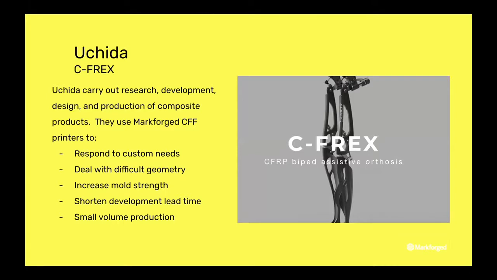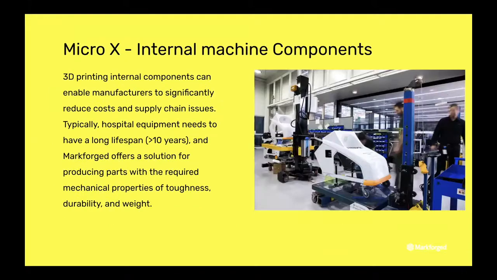And back to Australia. This one is a particularly interesting case study. What this company does is that they make portable X-ray machines. What COVID did is it increased demand of these machines massively because they help with the treatment of COVID. MicroX had the problem where they simply couldn't make the machines fast enough.